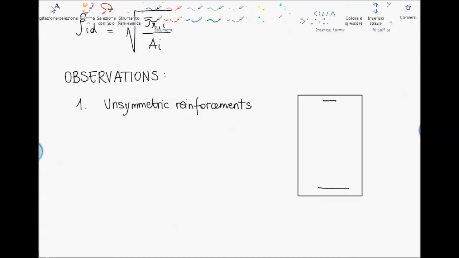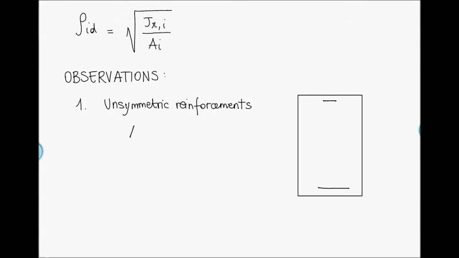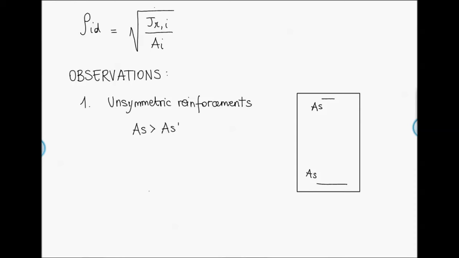In this case, represented in the figure, we have AS greater than AS prime. We indicate as G the centroid of the concrete cross-section and GID the centroid of the homogenized cross-section.